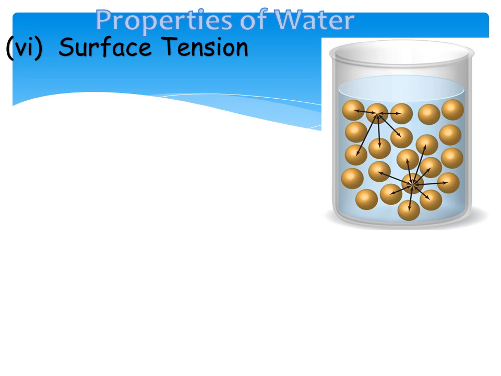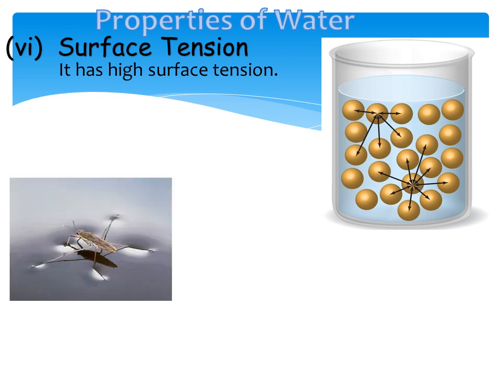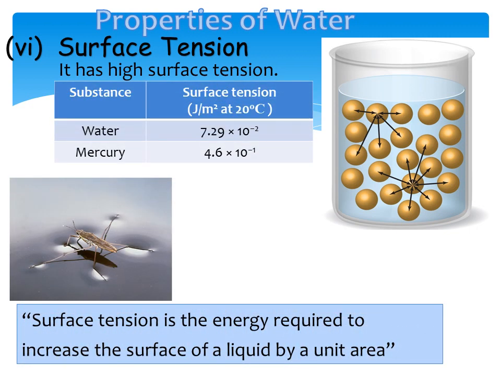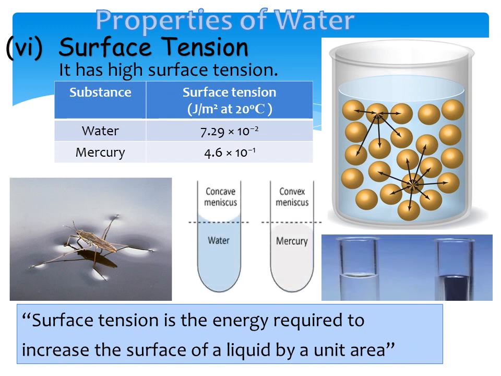And that surface tension is very important because it is a very unique property, which helps the capillary action. Here we have a comparison of water and mercury. Water has a surface tension of about 7.29 x 10^-2, and mercury has 4.6 x 10^-1 joule per meter square.